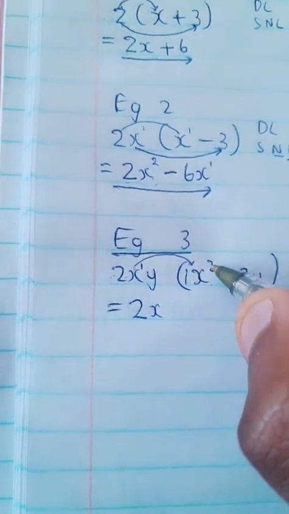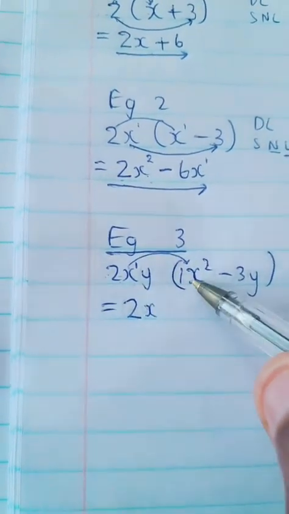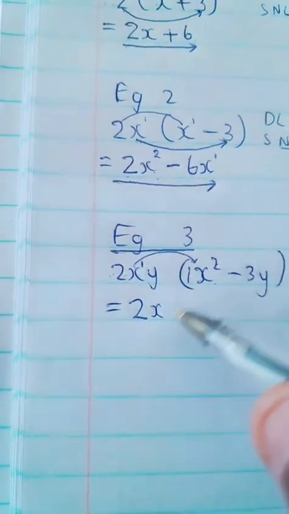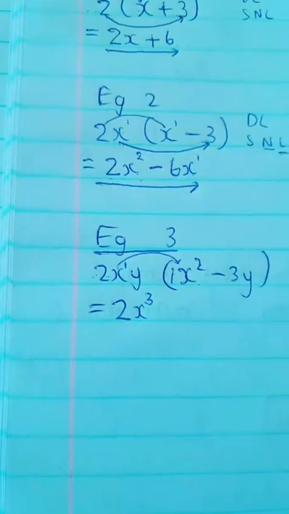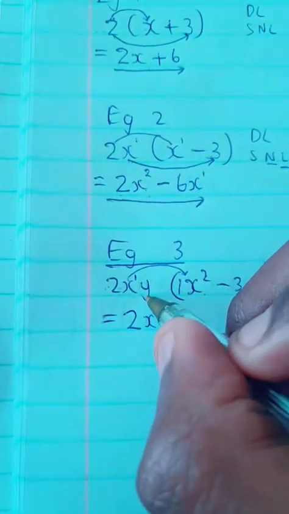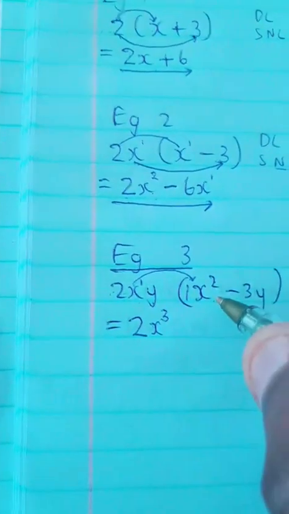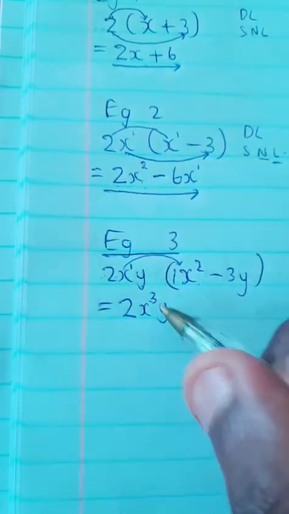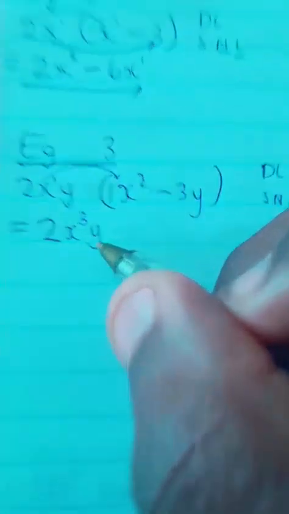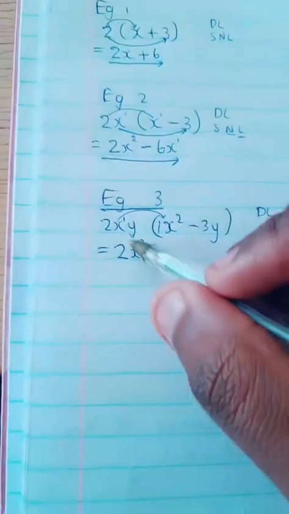So what does that mean? It means we keep the base, we add the exponents for the x. So that means 1 plus 2 is 3. y is alone. So there's no other y for the first term, so the y is written next to the x cubed. That's the first term.